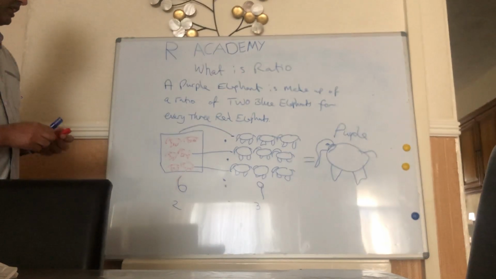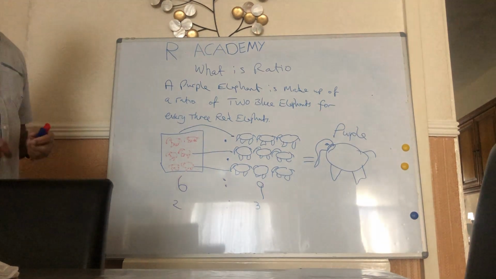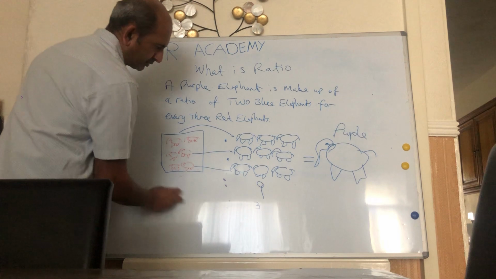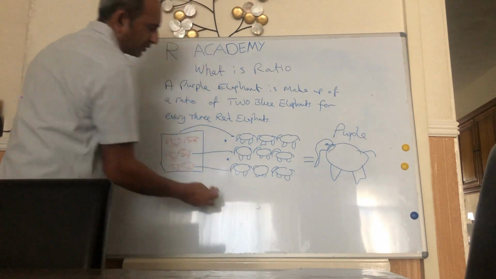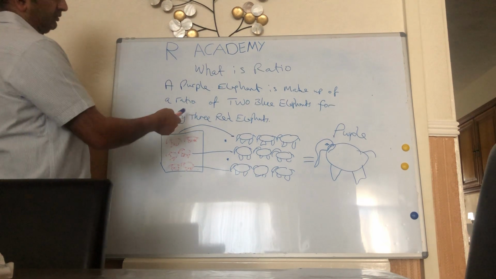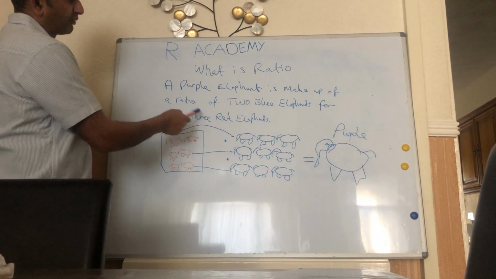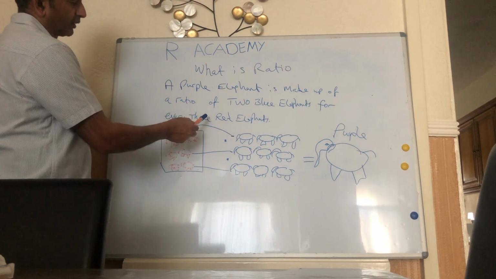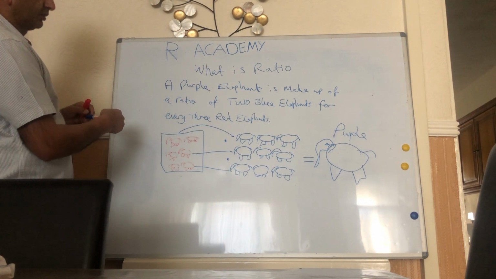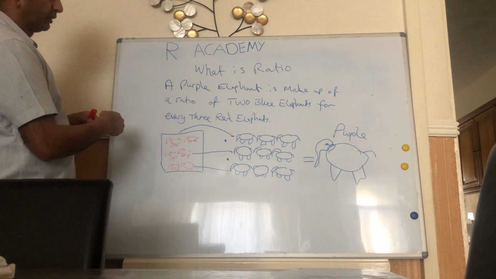The other way of answering that question, if you wanted to answer it a different way, you could just say it's for every 3 red elephants, 2 blue elephants.